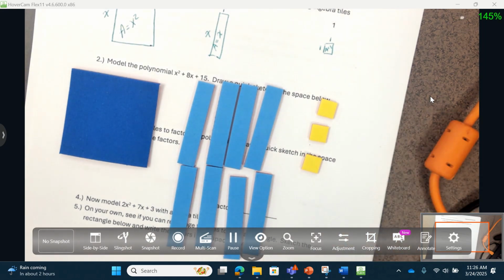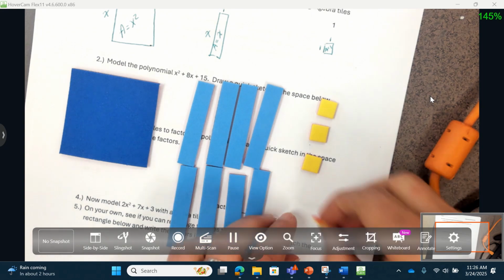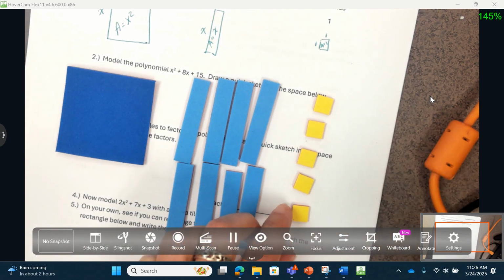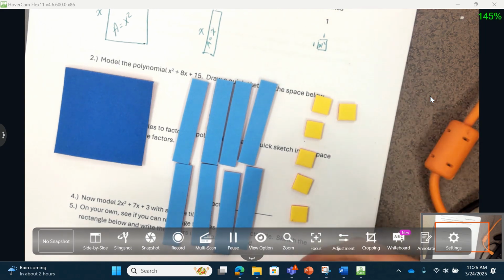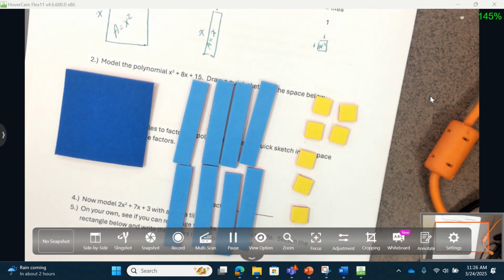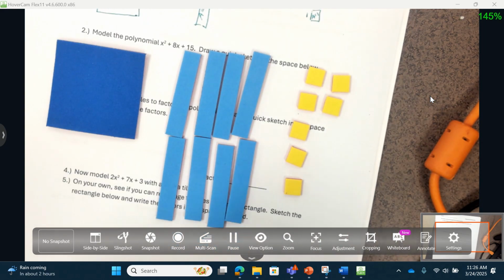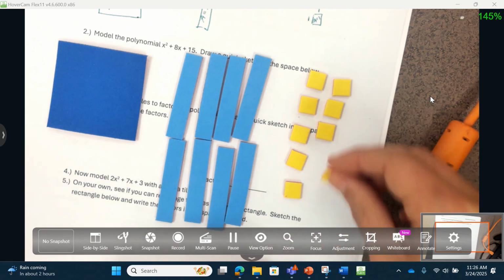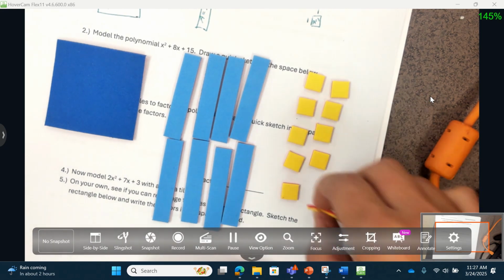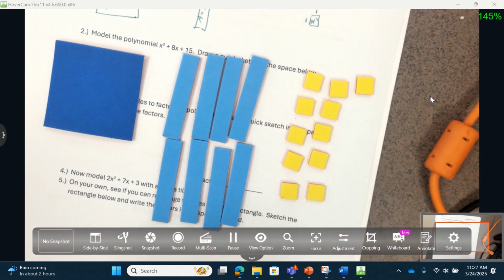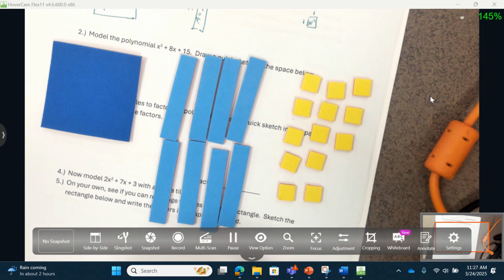All right, and we'll take time to do this in class. This is about as hands-on as you can make factoring, and it does take a minute. Now what you can do if you're doing this from home is there is a website that I will link where you can have virtual algebra tiles, meaning that if you don't have the physical algebra tiles to lay out and rearrange on the desk, you can have the option of doing it on the computer.